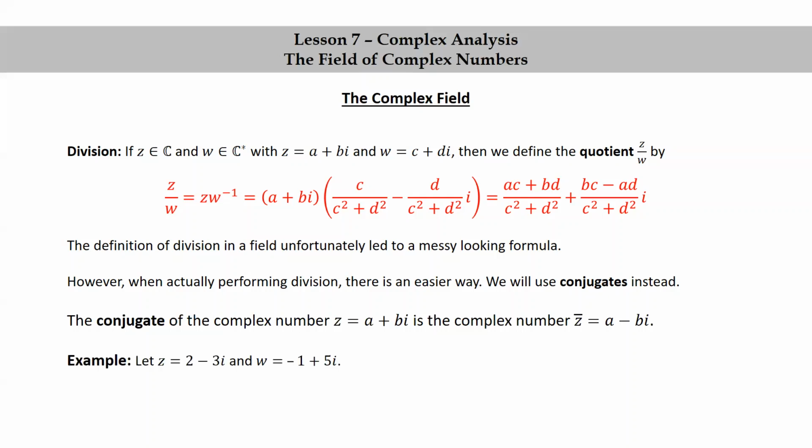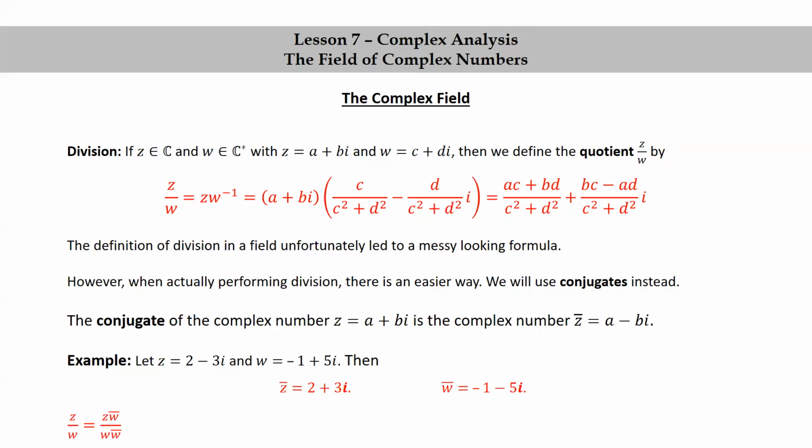Let's look at an example. Let z equal 2 minus 3i and w equal negative 1 plus 5i. Then z bar is 2 plus 3i and w bar is negative 1 minus 5i. Let's find the quotient z over w using these conjugates.